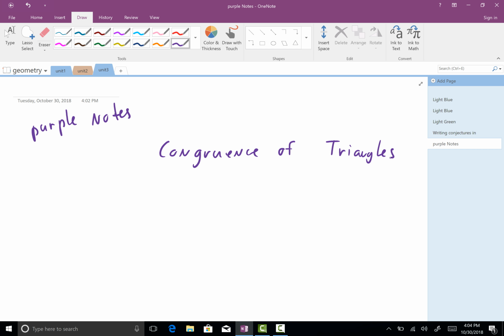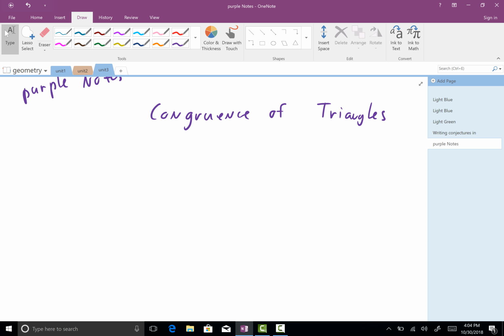So the congruence of triangles, you're going to use a GeoGebra document for that, but before you do, let's talk a little bit about this congruence of triangles. First of all, the definition, because we never really defined what congruence is.